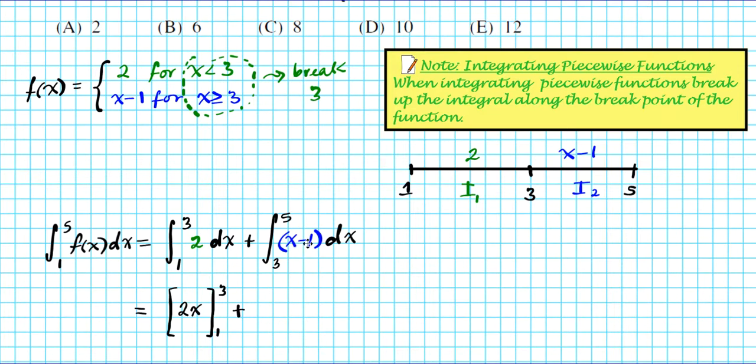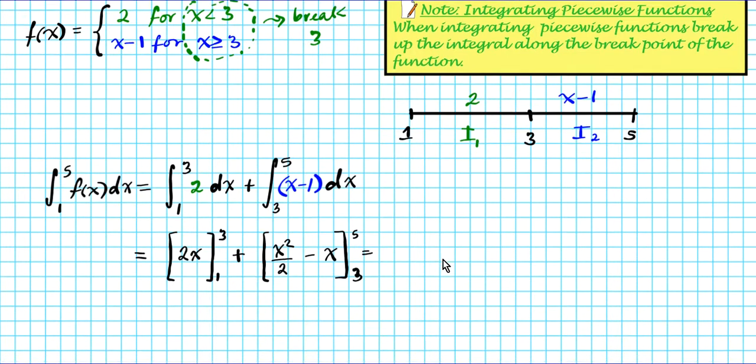If we integrate x minus 1 using the power rule, term by term, the antiderivative of x is x squared over 2, and the antiderivative of 1 is just x. We're evaluating this antiderivative from 3 to 5. So we're going to apply FTC part 1 in simplifying these two integrals that we've already evaluated.